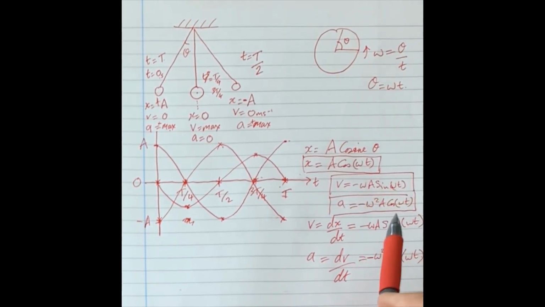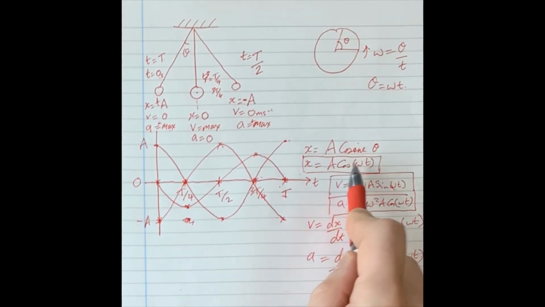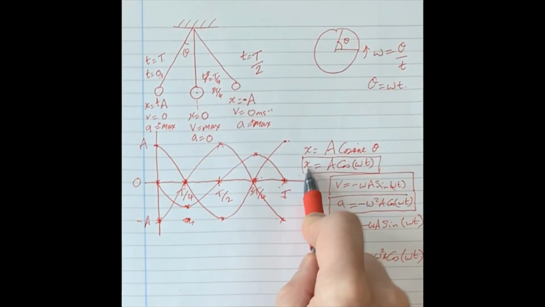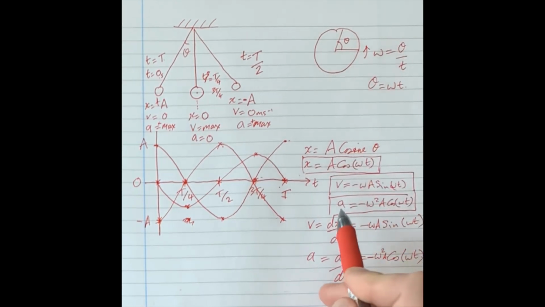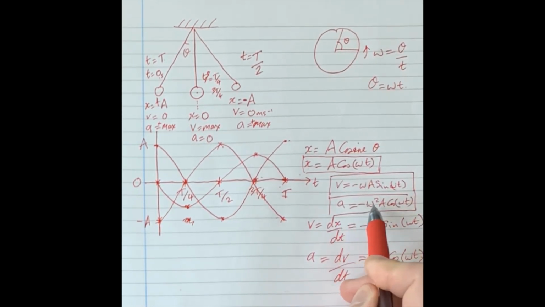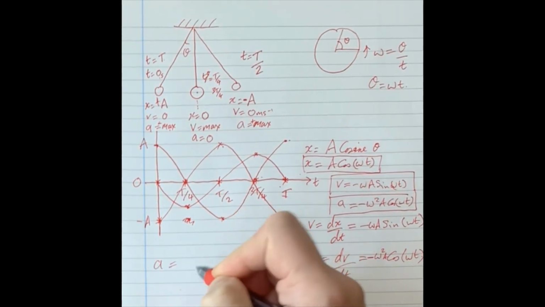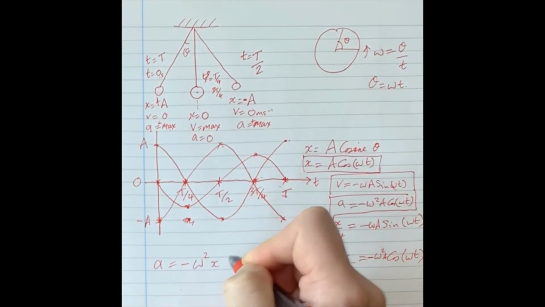This is the key thing to notice. Acceleration is equal to minus omega squared a cos omega t, but we know that a cos omega t is the position. So you can combine this equation with this equation to get a equals minus omega squared x. So a equals minus omega squared x.